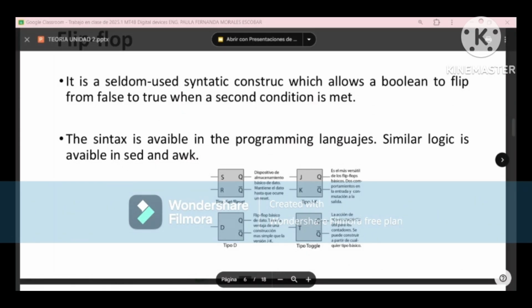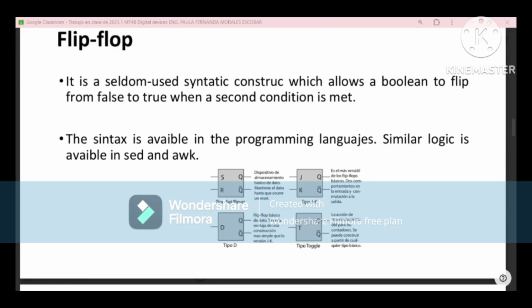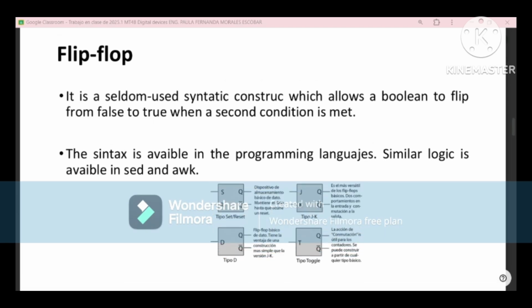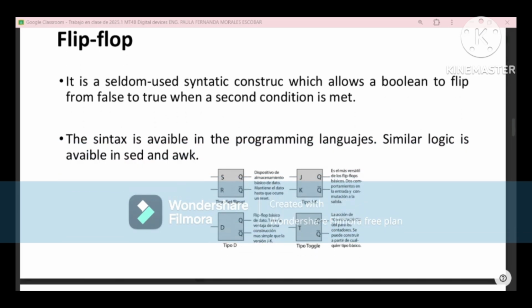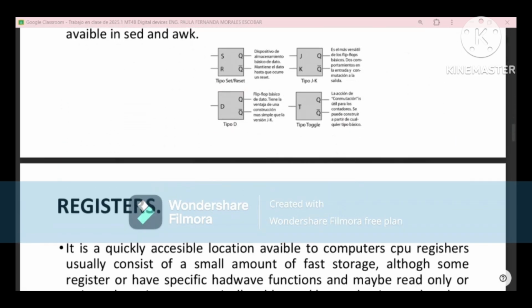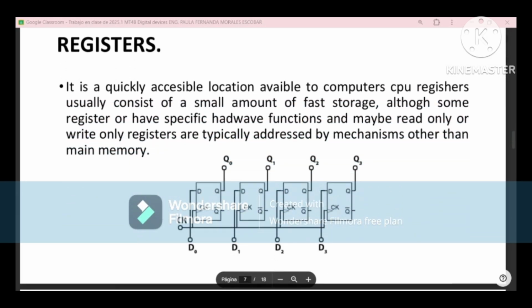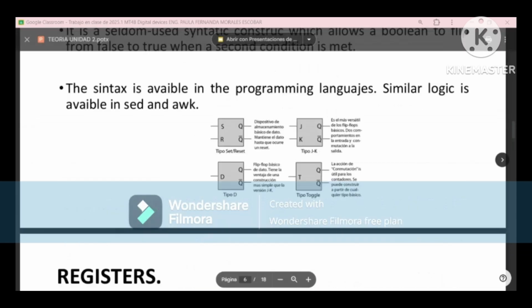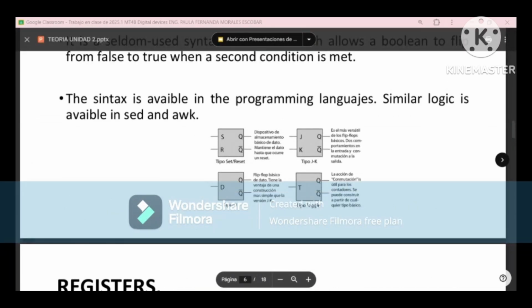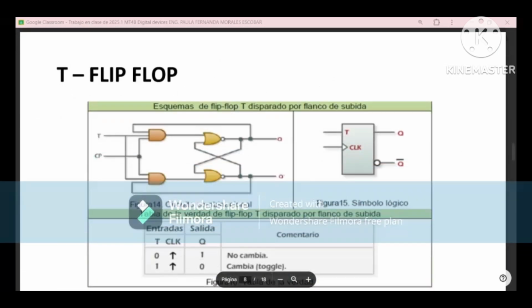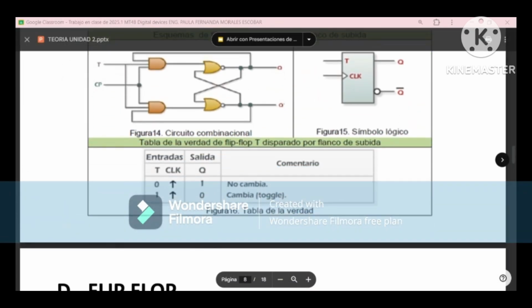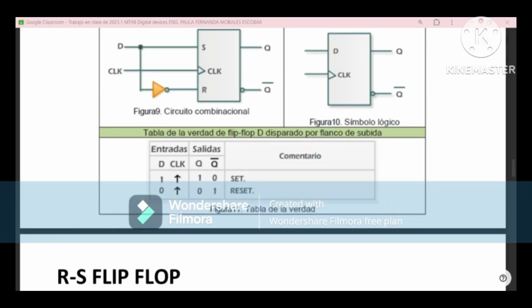We got this information from this document. It is a presentation from the university, and this is our reference where we took all the theoretical information. We got the types of flip-flops and their connections and truth tables.